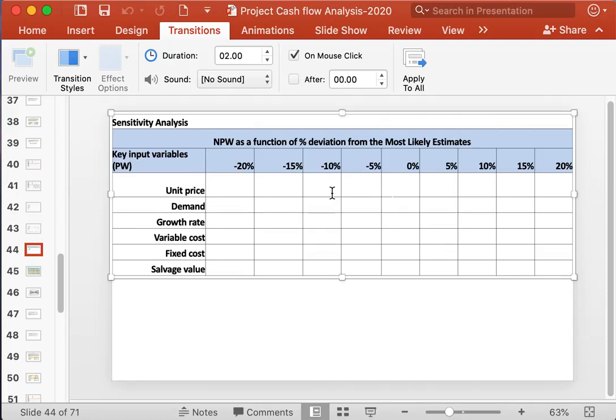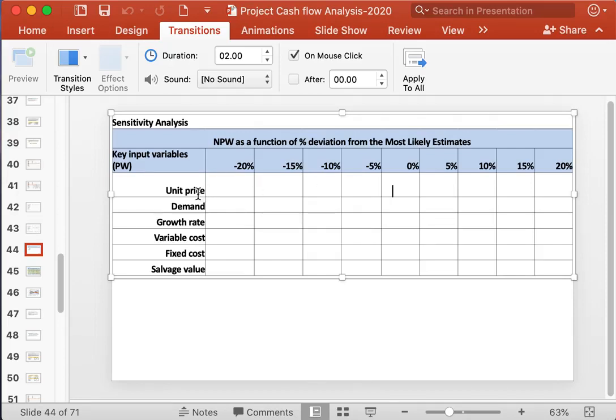So now for each of these variables and each of the variations above or below the initial value of the net present worth, you have to calculate the net present worth.